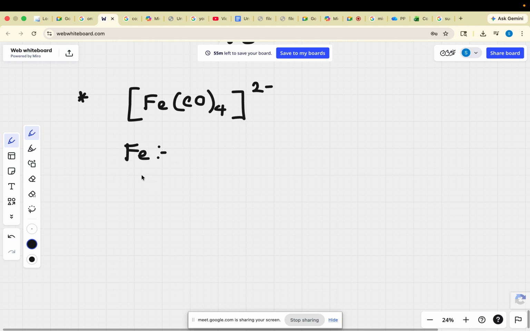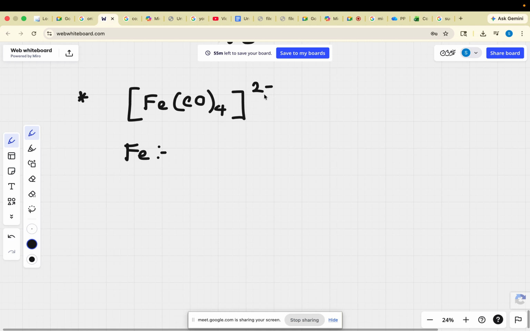Find it out in the neutral method. 14 electrons. Check.